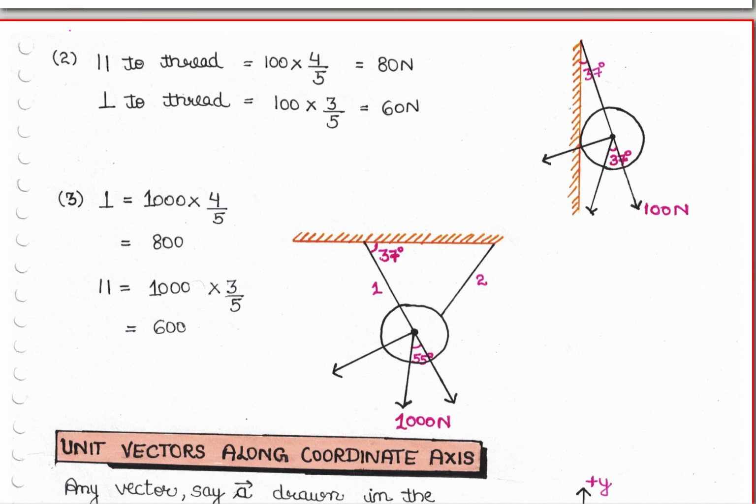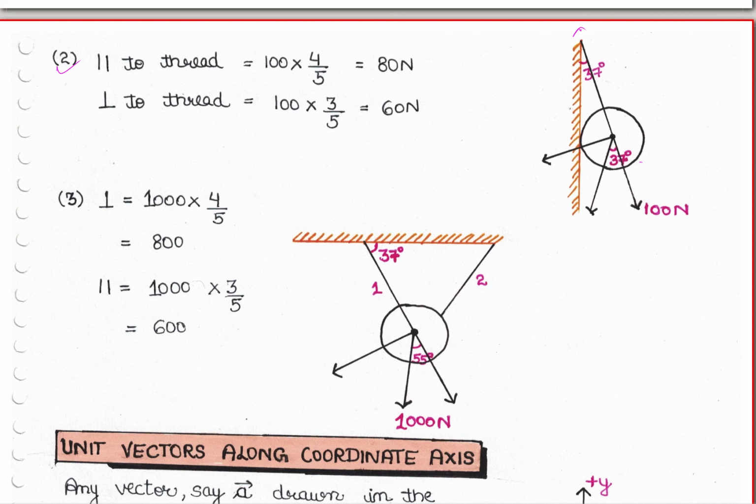Now second example. A circle is moving in this plane making an angle 37 degree with the vertical axis.